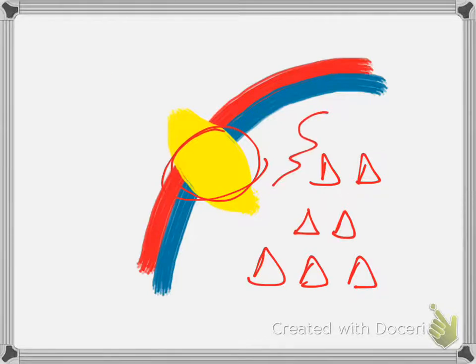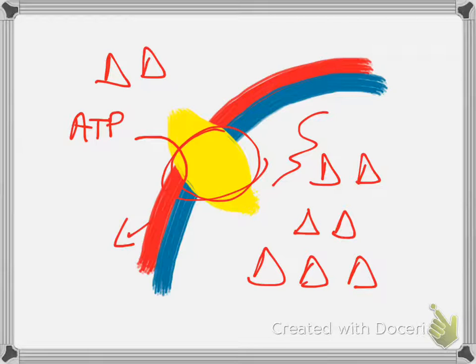And now on the outside of the cell, we don't necessarily have a high concentration, but through the use of energy, the energy actually is in the form of ATP, again, something that you'll learn in grade 12, which really comes from glucose. But ATP comes in and then uses some of its energy. That bond's broken and forms ADP. That energy is then used to take this molecule and then move it against its gradient, or kind of move it up the hill.